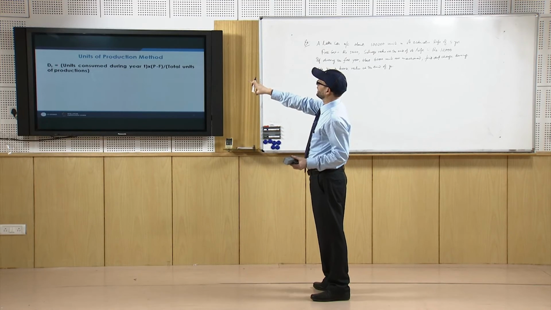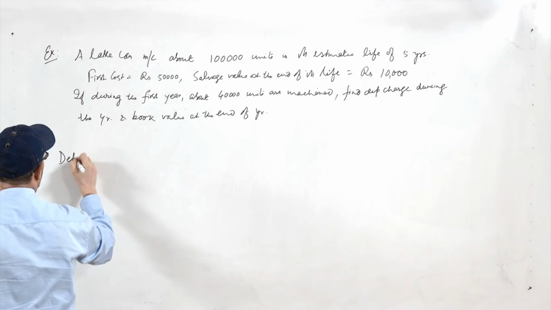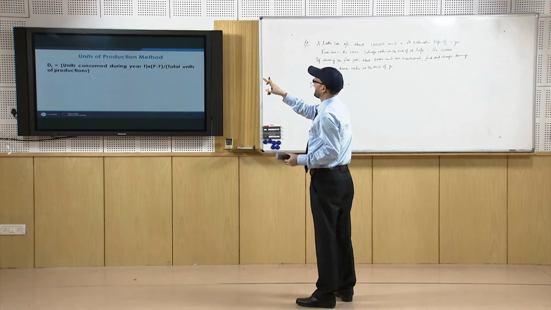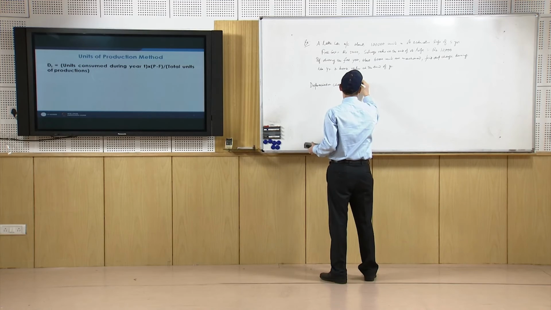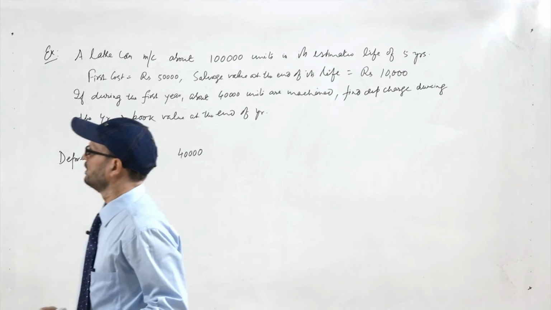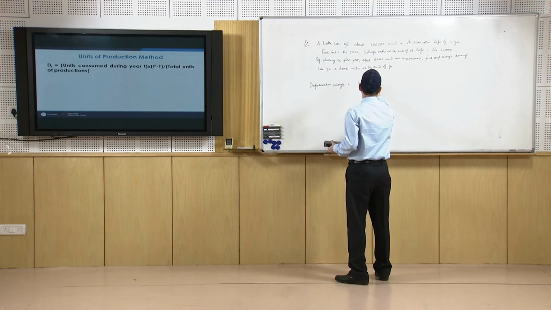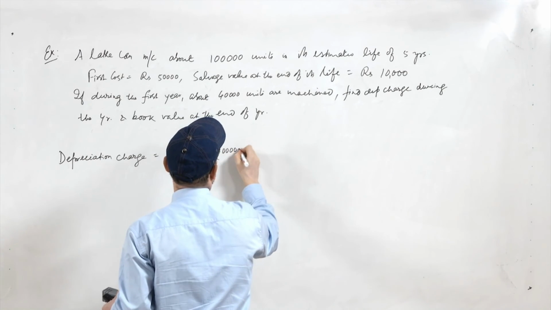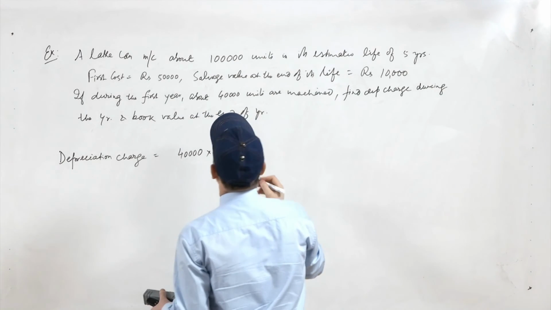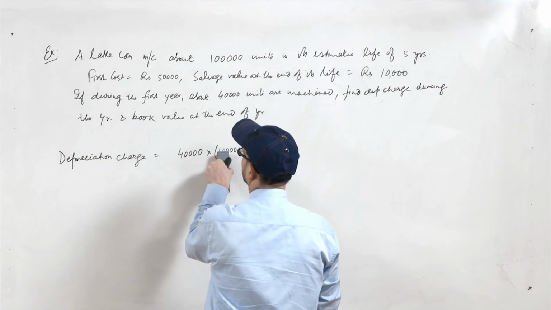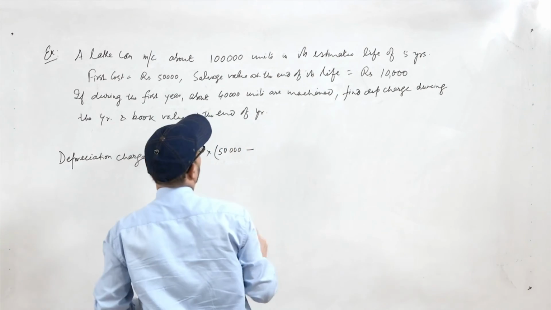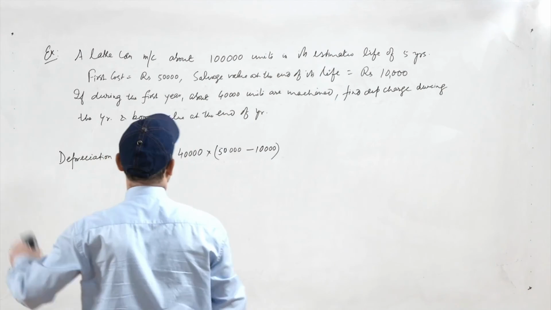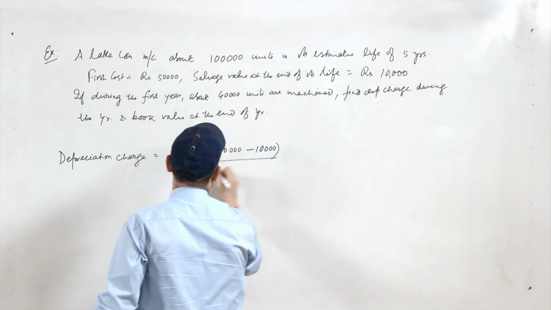So the depreciation charge will be calculated as units consumed during the year, that is 40,000, multiplied by the present cost minus final salvage value, that is 50,000 minus 10,000, divided by the total units of production, that is its capacity of 1 lakh units.